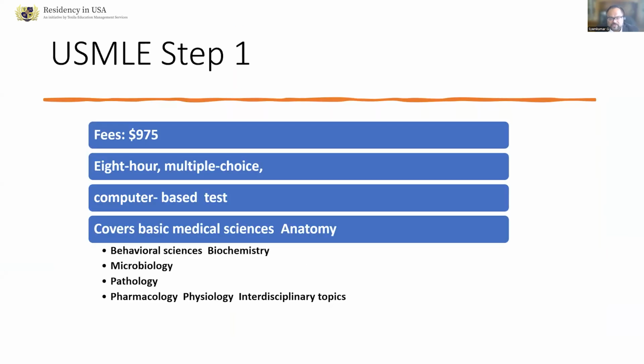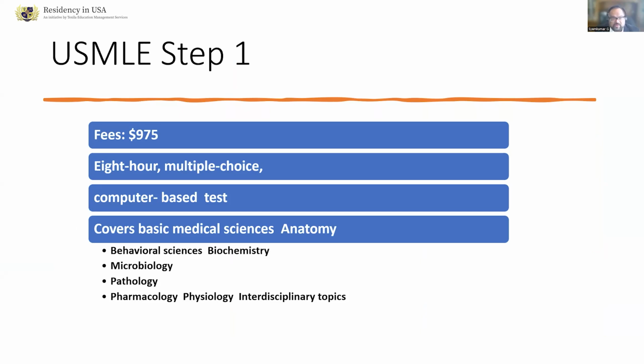For you to be able to apply to a residency program, there are a few things you have to complete as a graduate who has completed a medical education. One is to complete USMLE Step 1. USMLE Step 1 is an exam that can be taken from different parts of the world, including India, where your core basic science knowledge is tested in a computer-based test.